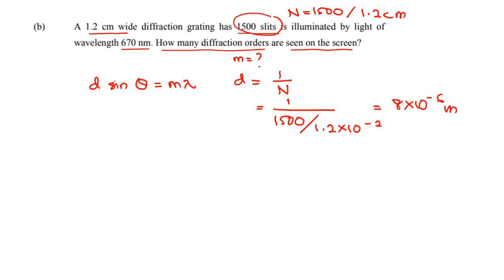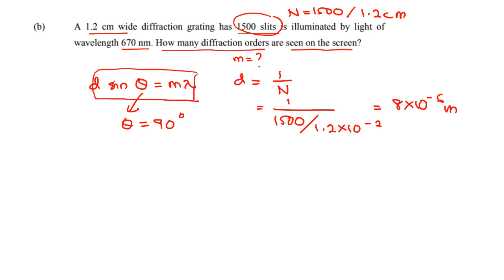After that, substitute into this formula. In this case, the value of theta you have to take as 90 degrees. So substitute all the values. d sine theta equals m lambda.